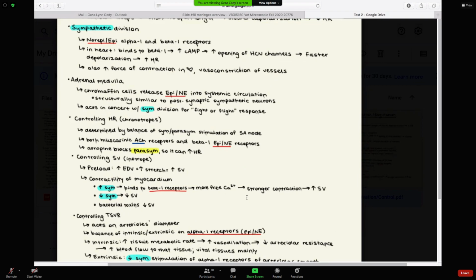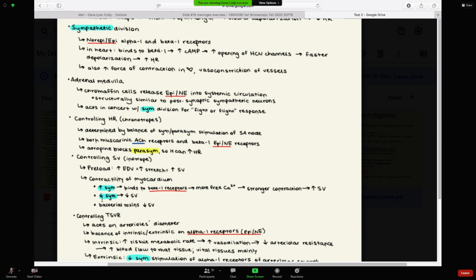So if I have more on the outside, I get a stronger contraction because I'm releasing more calcium on the inside for the actin, troponin, tropomyosin situation. Stronger contraction gives me a stronger stroke volume, or not stronger, but greater.